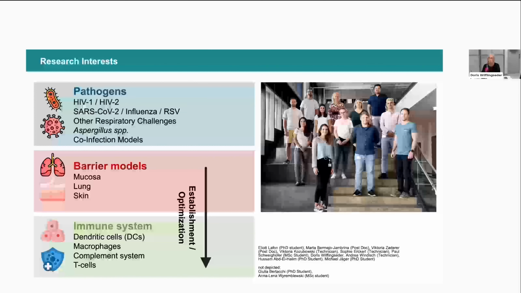Recently, we also introduced neutrophils in our models, but we are also interested in components of the humoral innate immunity, such as the complement system. And in addition, we can also add T or B cells to our systems, which I want to introduce to you within the next minutes.